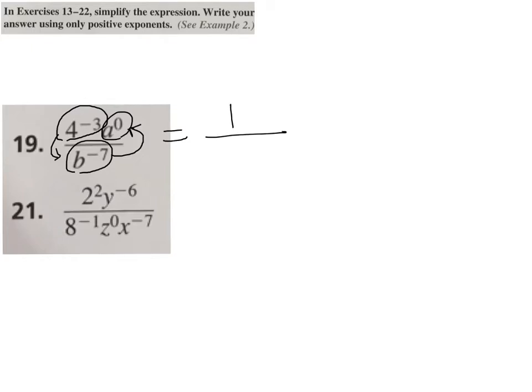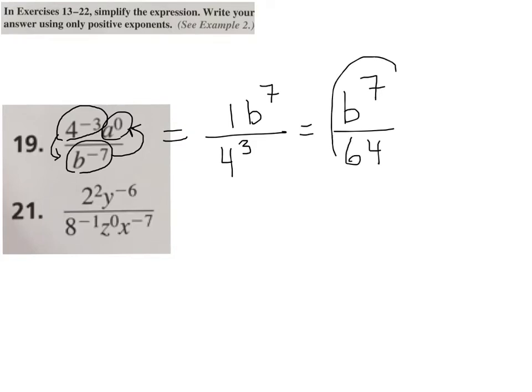And then on the bottom, I have 4 to the positive 3 power, and on top I have b to the positive 7 power. And so now I'm going to simplify that out. On top I've got b to the 7th, and 4 to the 3rd is 4 times 4, which is 16, and 16 times 4 is 64. And so that is your number 19 answer.